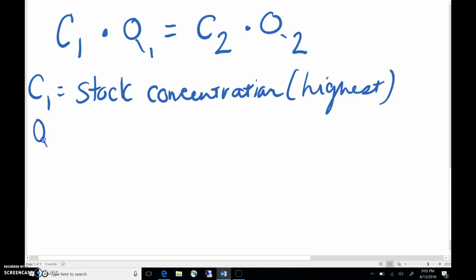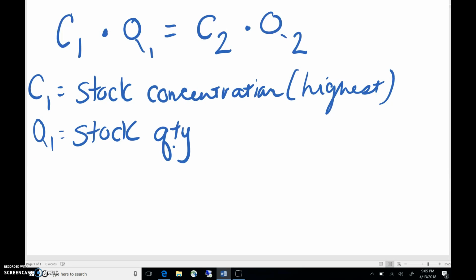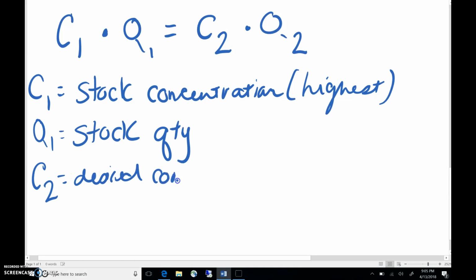The Q1 is the stock quantity, meaning how much quantity of the stock medication do you need to get to that desired concentration. C2 is your desired concentration. It's going to be the lowest concentration.